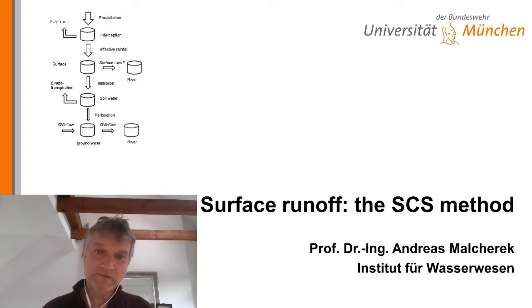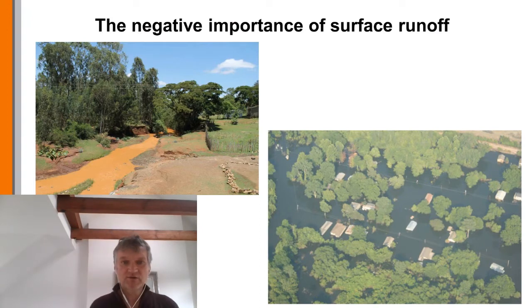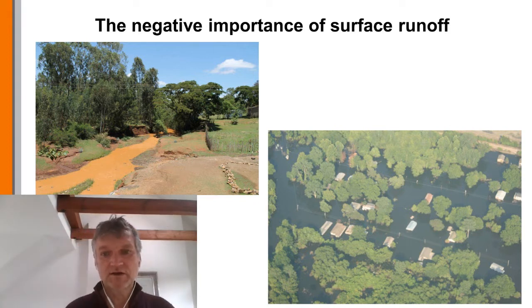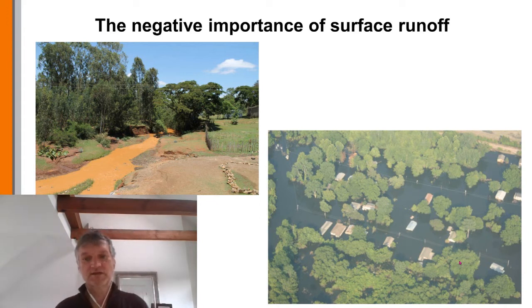But why should we look in detail at surface runoff? Surface runoff is always negative. When we have surface runoff, we can have, on the one hand, flooding. Surface runoff is mainly connected to flooding, otherwise rainfall would go into the groundwater or would infiltrate into the soil.